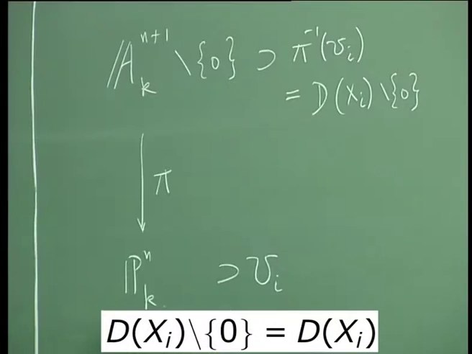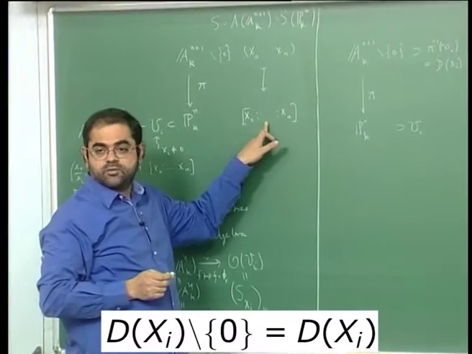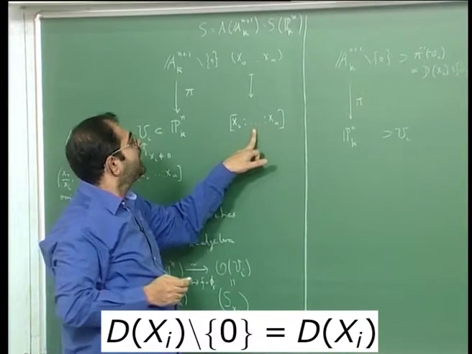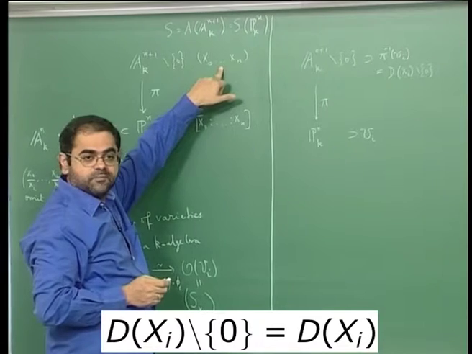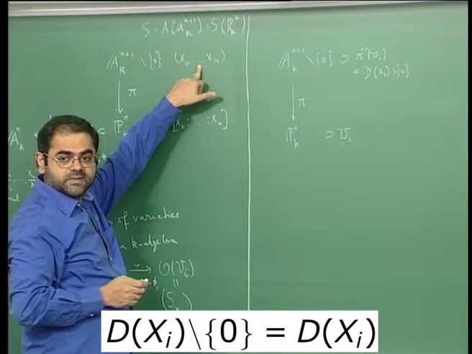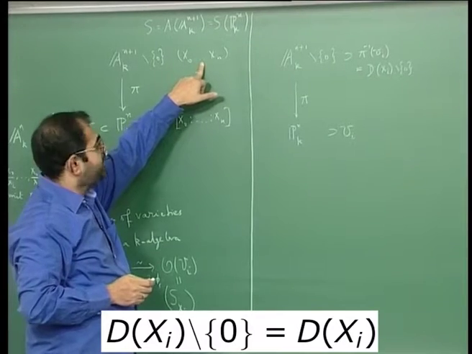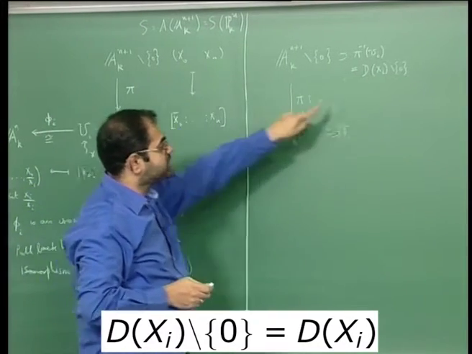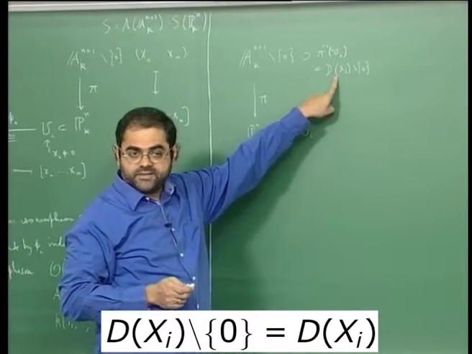So ui in the projective space corresponds to the ith homogeneous coordinate xi not vanishing, and its inverse image above will correspond to the ith coordinate not vanishing. That means you are looking at xi not equal to 0, and xi not equal to 0 is a basic open set D of xi.